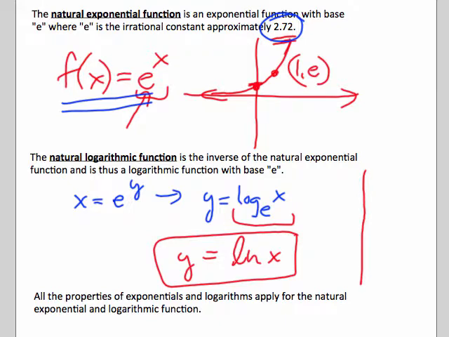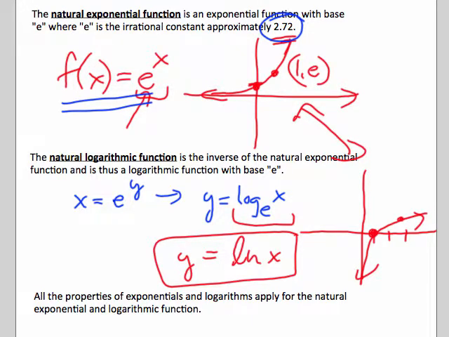And if you graph it, you're going to have a vertical asymptote on the y-axis, and you're going to have main points at 1, 0, and e, 1, which is 2.7-ish, 1, and the graph's going to look like that. Okay, the two graphs, remember, are reflections of each other about y equals x.